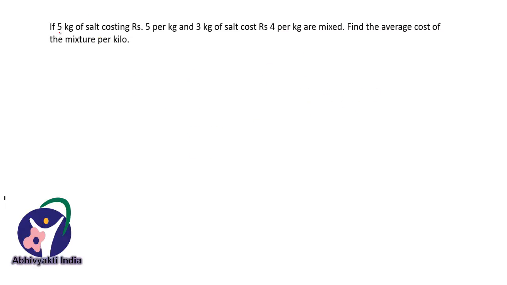Next question is, if 5 kg of salt costing rupees 5 per kg and 3 kg of salt costing rupees 4 per kg are mixed, find the average cost of the mixture per kilo. Here again we have to find AW.